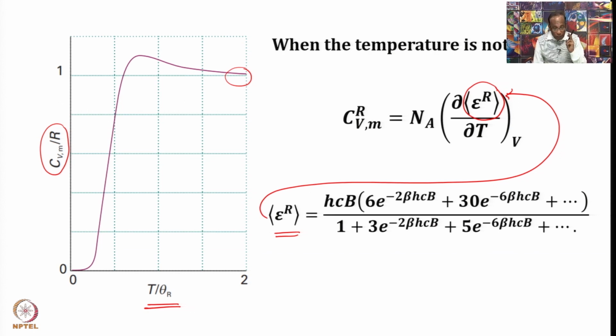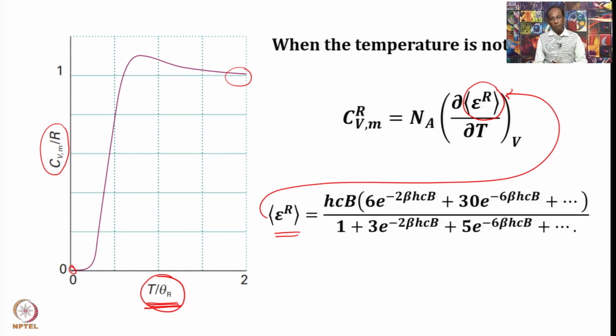However, when the temperature is not high, you see here when the temperature is close to 0, there is no rotation, and the mean rotational energy is 0. And in the intermediate temperature, you see how this heat capacity rises in the region where the experimental temperature is less than the rotational temperature.